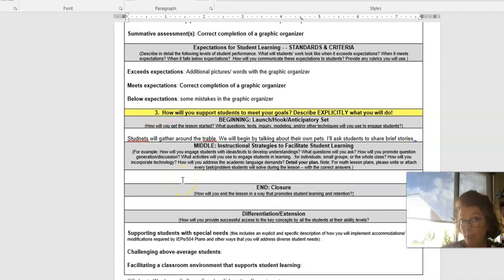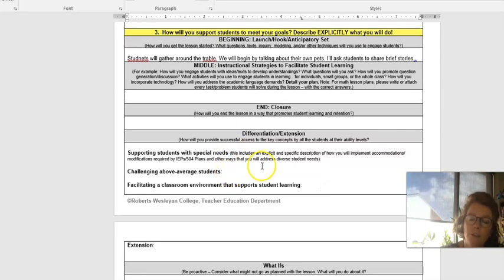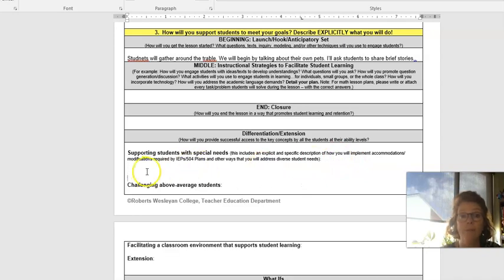Middle, you actually read the book and you invite the students to talk about the book. And then you talk about the character traits, then maybe you do your graphic organizer and you follow up on that. Differentiation. Okay, if you have students with IEPs, you specifically have to say this.